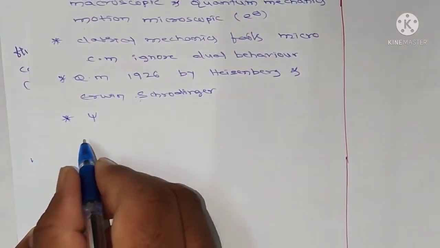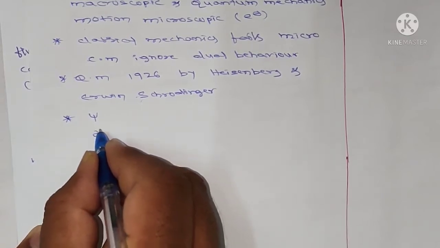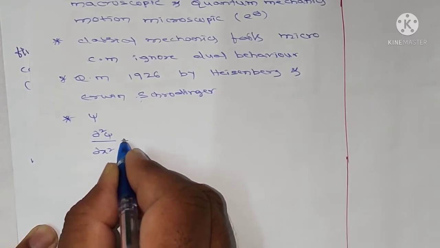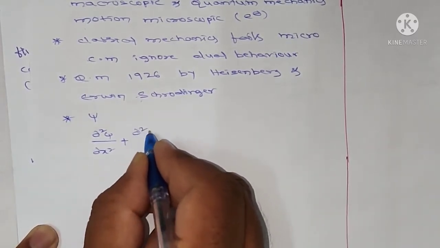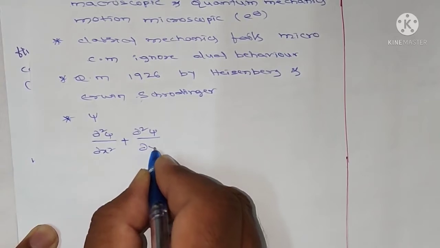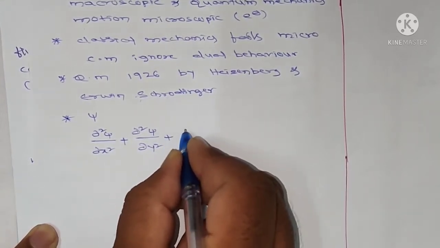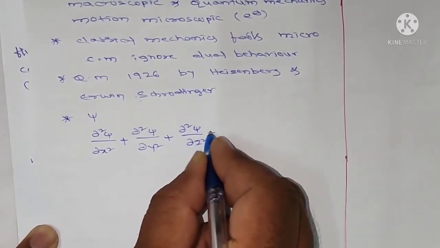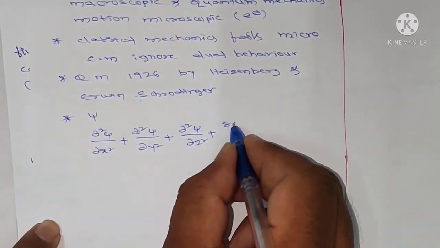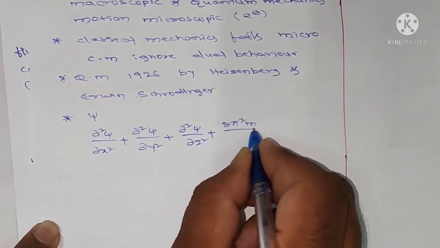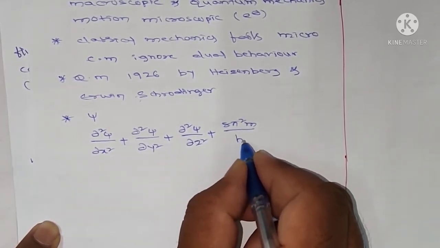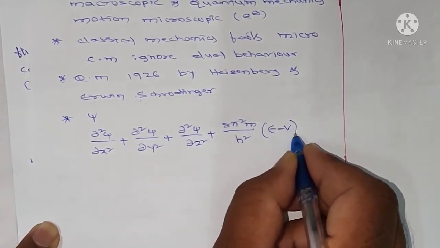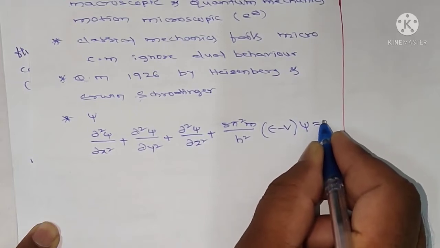So the Schrodinger wave equation is dou square psi by dou x square plus dou square psi by dou y square plus dou square psi by dou z square plus 8 pi square m by h square into E minus V into psi is equal to 0.